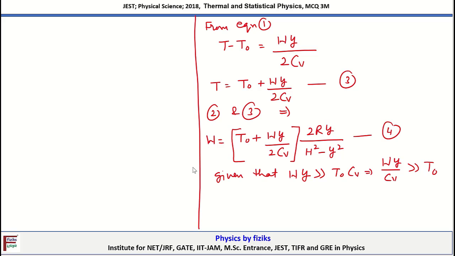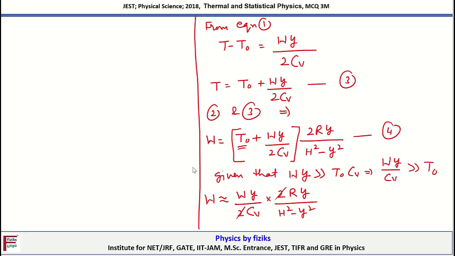So in equation 4 we can neglect T naught as compared to Wy upon 2Cb, because this is going to be much larger. Therefore W can be approximated as Wy upon 2Cb into 2Ry upon h square minus y square.